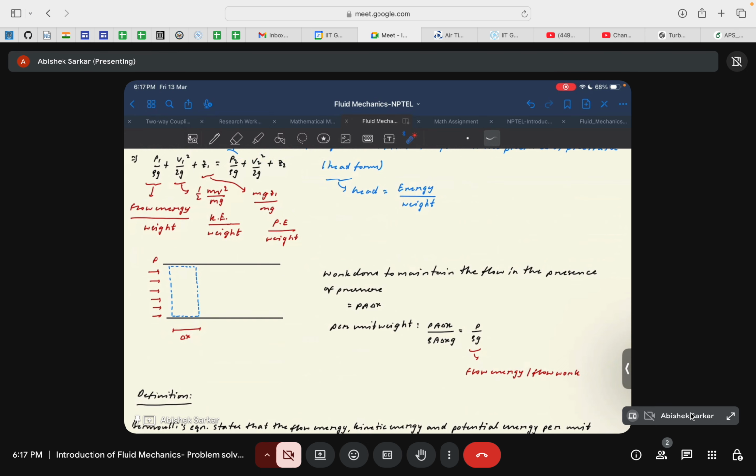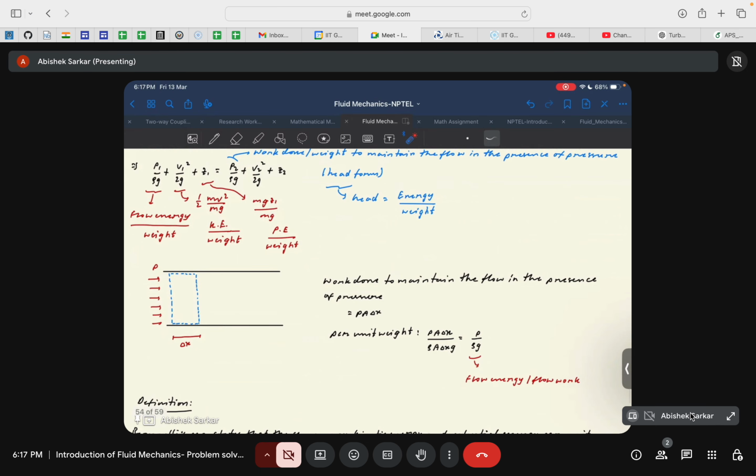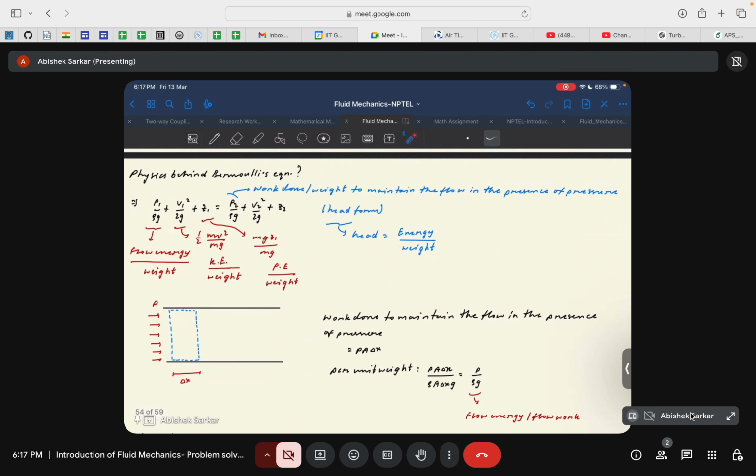That's why we call it the flow energy, okay. So maybe you can just go back and look into it. Sorry for taking much time, but this is important, okay.